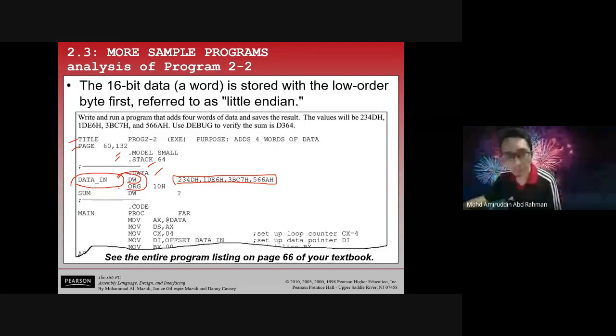Because in the previous program, the ORG was not used, so the assembler starts at 000 and uses the memory for each data item. When we put the ORG, it can be used to set the offset address for the data item.